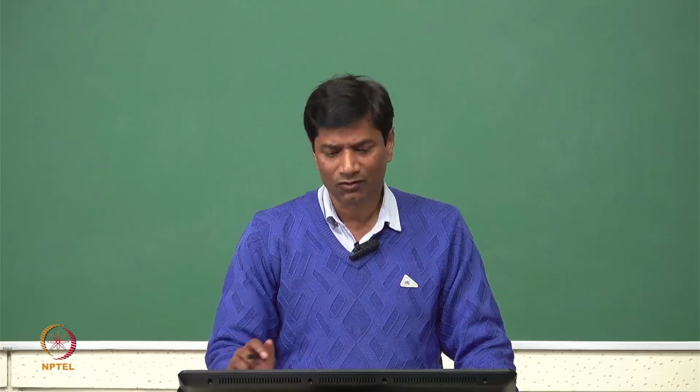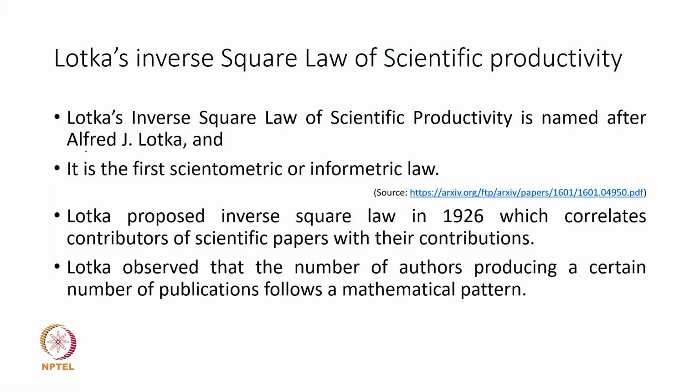Lotka's inverse square law of productivity is named after Alfred J. Lotka, and this is perhaps the first scientometrics or informetrics law. Lotka proposed the inverse square law in 1926, which correlates contributors of scientific papers with their contributions.